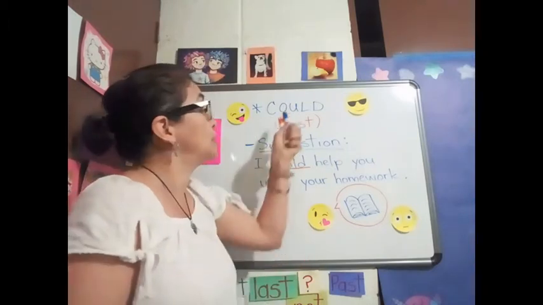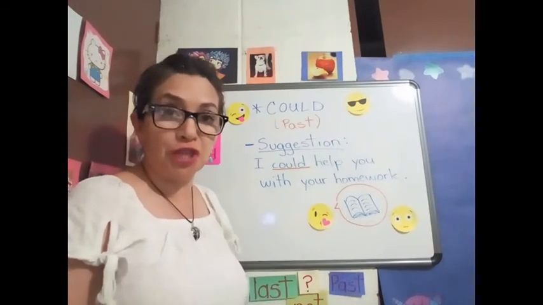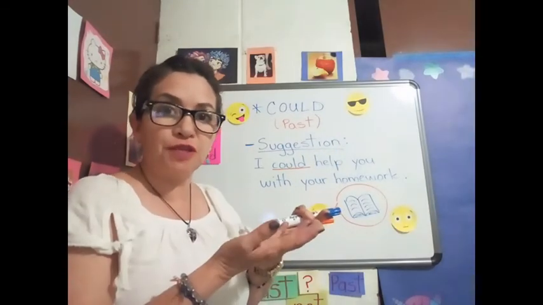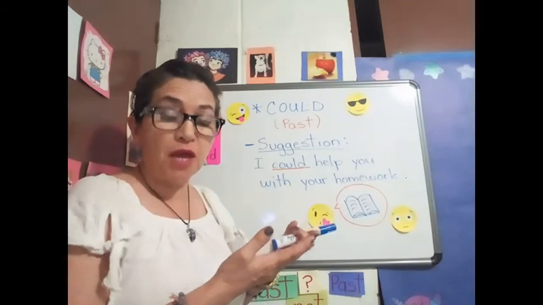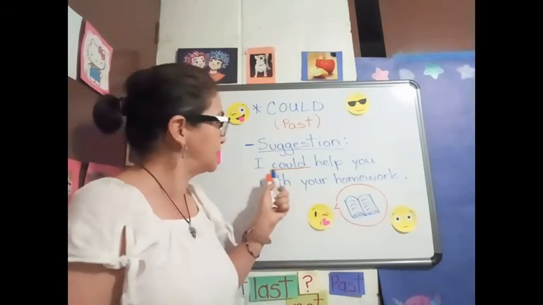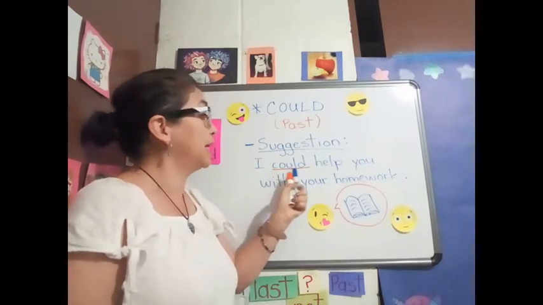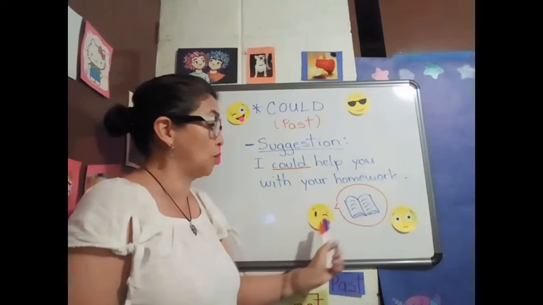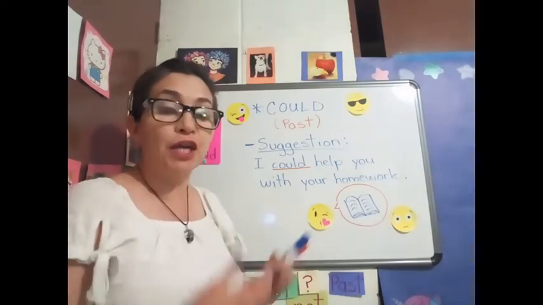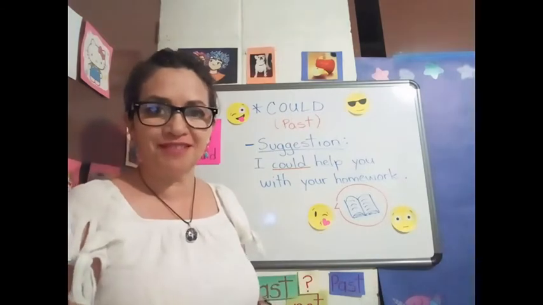We can use the modal verb could for making a suggestion. A suggestion is when we tell another person something that we could do. In this case, is offering for help. I could help you with your homework. That is a suggestion.